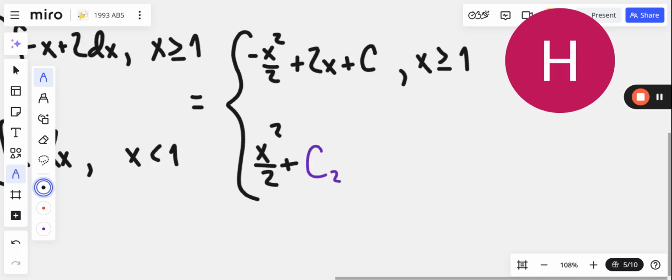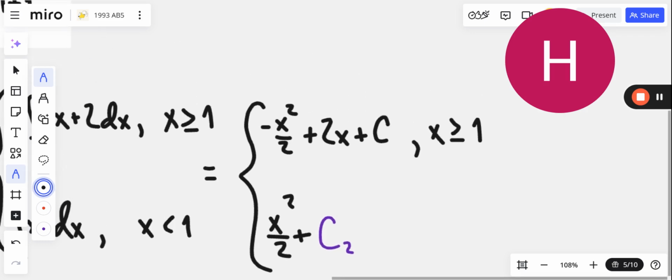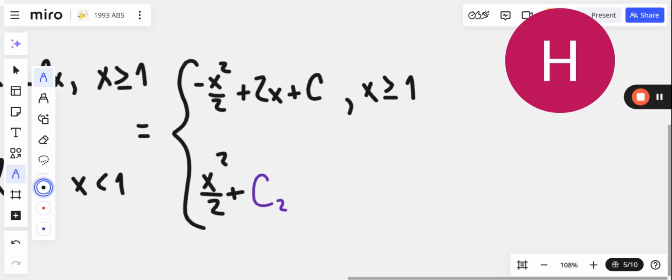These are not going to be the same constant necessarily. It's possible that they will, but just thinking about it right off the top of my head, I don't think that we can assume those are the same. It's possible they have the same shift, that way they're connected, but I'm not going to assume that.